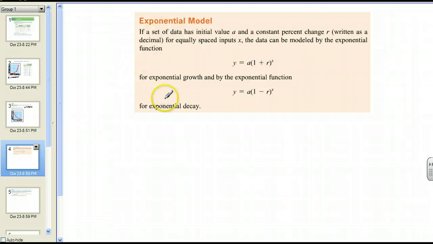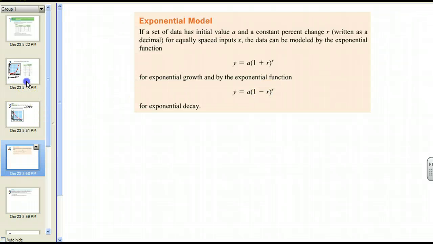Now exponential models, basically what we've been doing, have this look to them. Something times 1 plus or minus some rate of change to the x power. So this is what growth looks like, something bigger than 1. We added something to 1. This is what decay looks like. We subtracted something from 1.